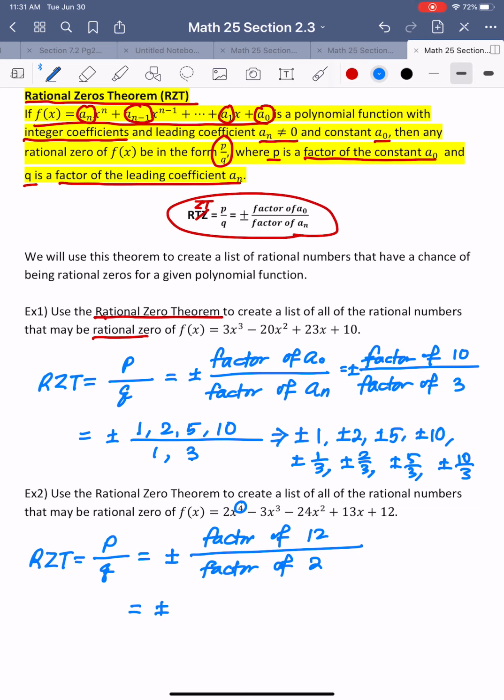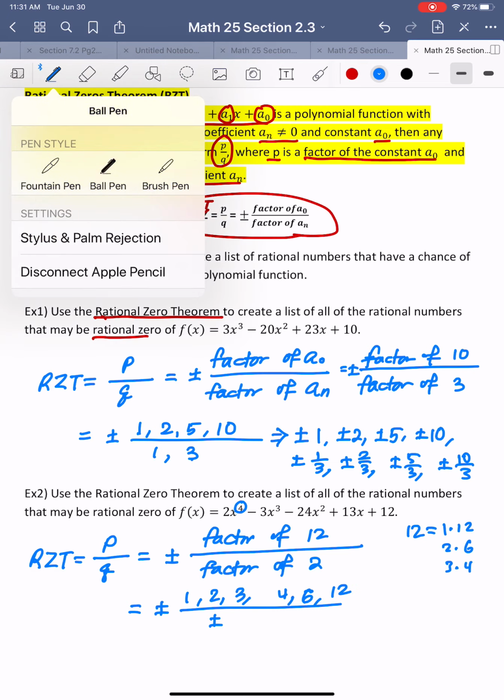So the factors of 12, this is how you put it. 12 is 1 times 12, 2 times 6, 3 times 4. So there are 6 of them, okay? So 1 and 2 and 3 and 4, plus minus later, and 6 and 12. And then 2 also has a 1, and I already put the plus minus, right?